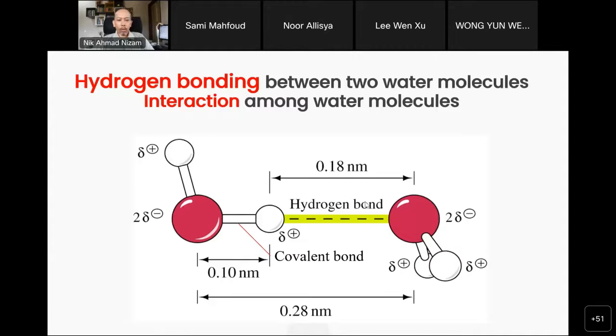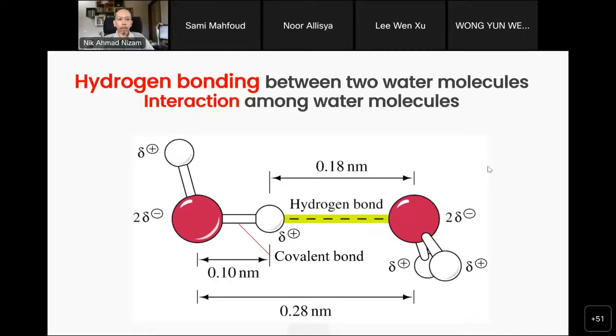But hydrogen bonding occurs between the hydrogen and oxygen, H and O. It's not H and H or O and O. It's between H and O. And the O and H inside the water molecule is considered covalent bonding. The energy of the covalent bonding is really higher than the hydrogen bonding. So that's why it's hard to split or remove the covalent bonding as compared to the hydrogen bonding.